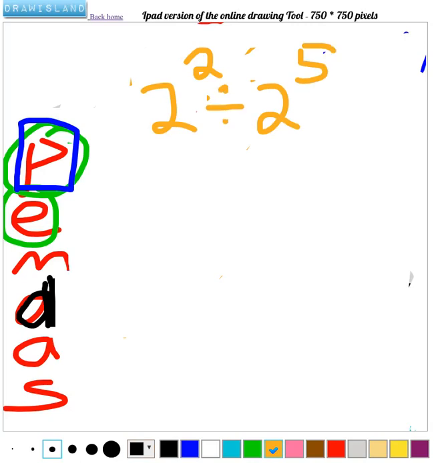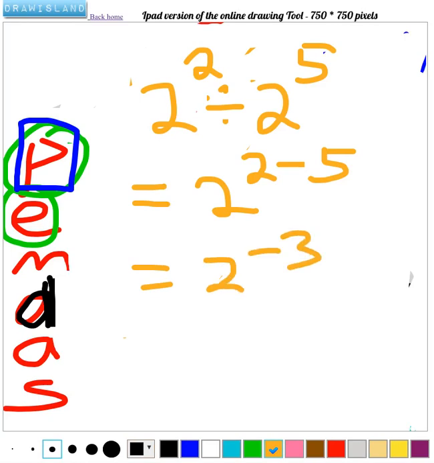Since division is the opposite of multiplication, instead of adding the two exponents on the top, we subtract them. So that would become 2 to the power of -3. And you know what we do to negative exponents? 1 over 2 to the power of 3.